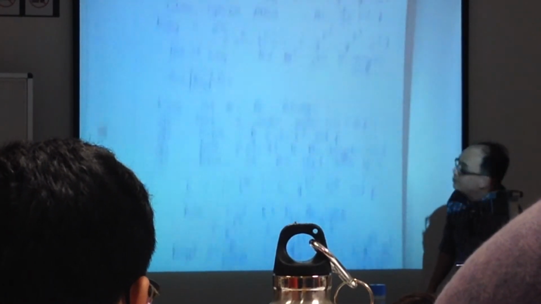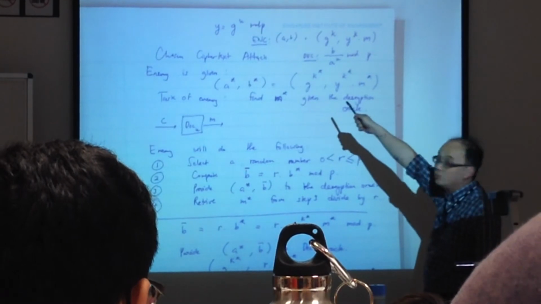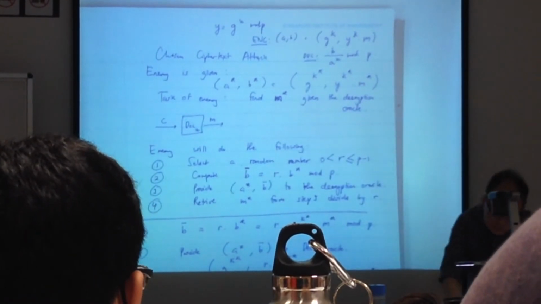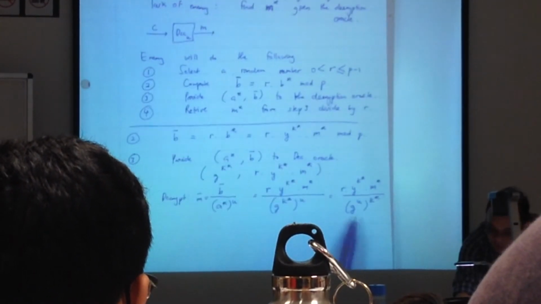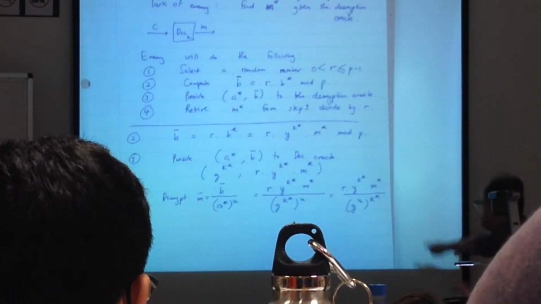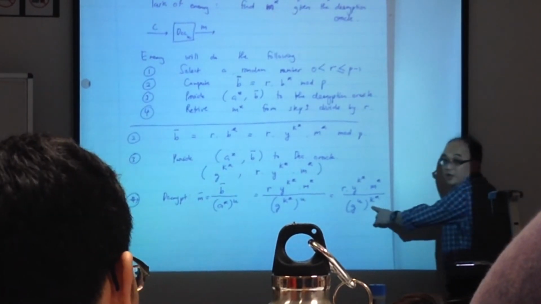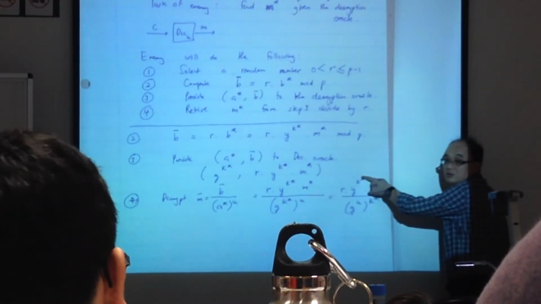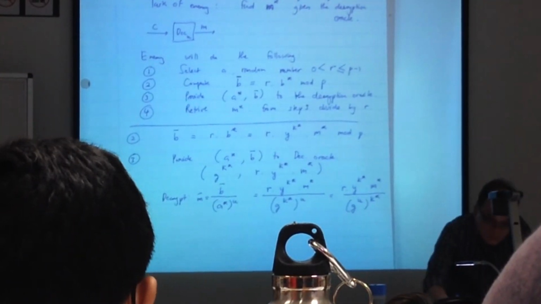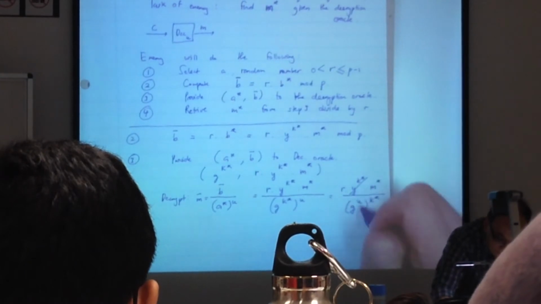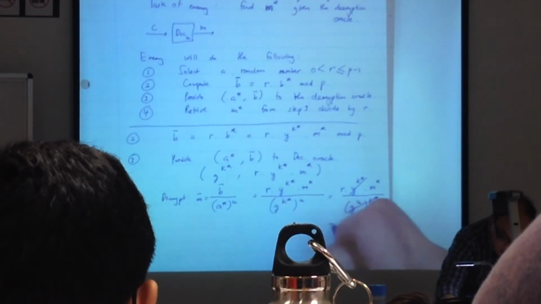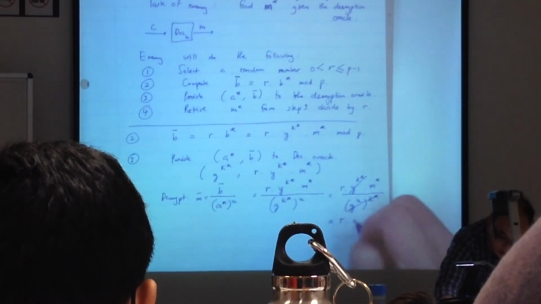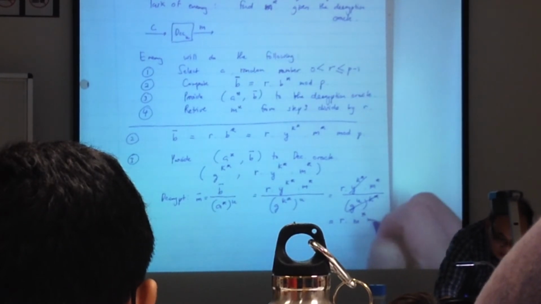At the top, we have G to the U equal to Y. So this is actually equal to Y to the power of K star. So I can cancel this one and that one, and the result is equal to R times M star modulo P.